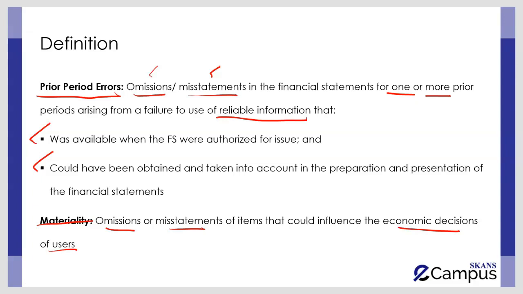It means that at times there are errors or misstatements, but they are of such small nature with respect to quantity or quality that they do not play a significant role in the economic decision making of users. Over here, in case of materiality, we are talking about items that are that major that they are going to impact the economic decision making of users.